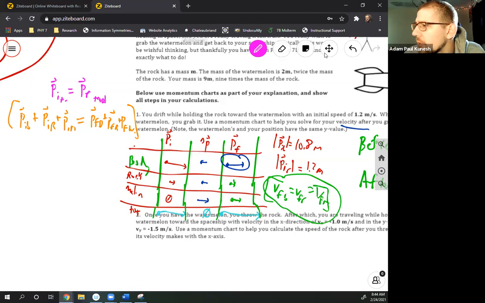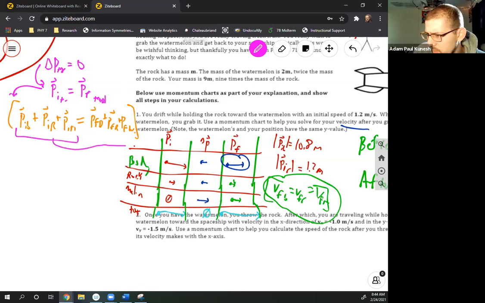Which again, to pull this even one more step back, is that delta P total equals 0. These are all equivalent statements. They all say the same thing. Now that I've got that, each of these corresponds to a term on the left side of the momentum diagram, and each refers to a term on the right side of the diagram.